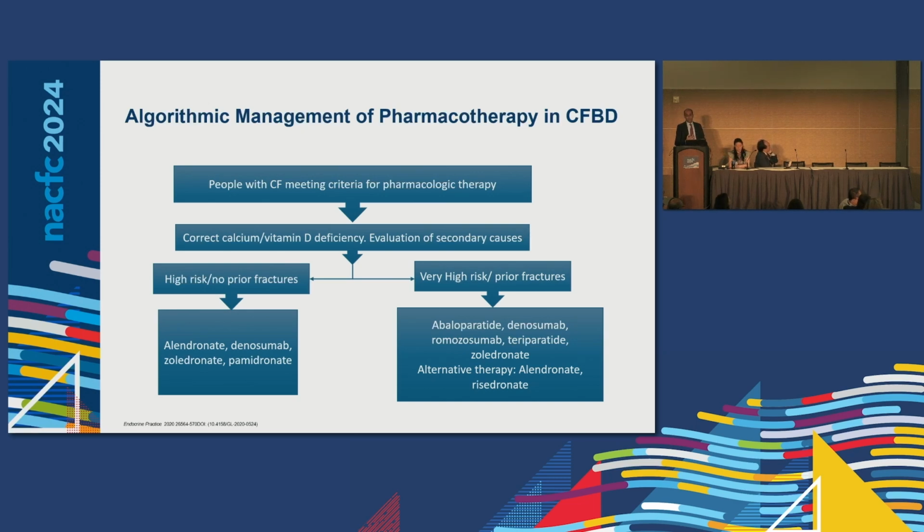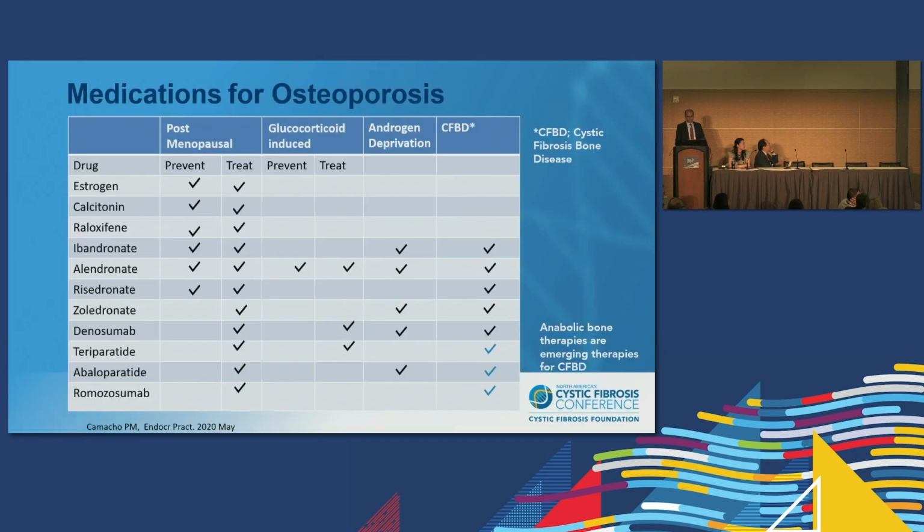How about patients who are at very high risk for fractures and/or have had prior fractures? When talking to my patients, I say, I'm going to bring my big guns. And these are the big guns: abaloparatide, denosumab, romosozumab, teriparatide, and zoledronic acid. Alternative treatments could be alendronate and risedronate.